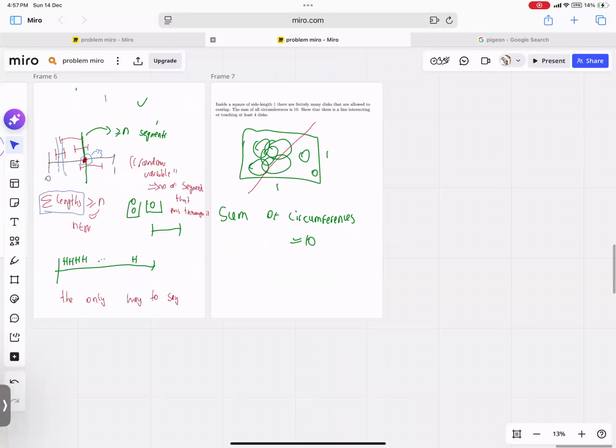Does this proof make sense with linearity of expectation?